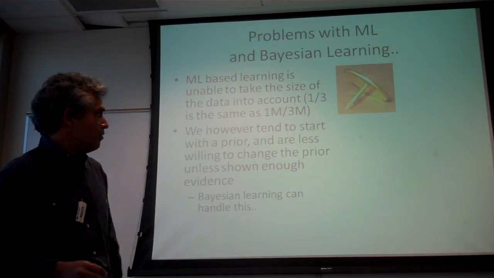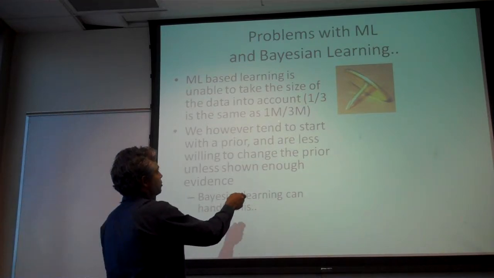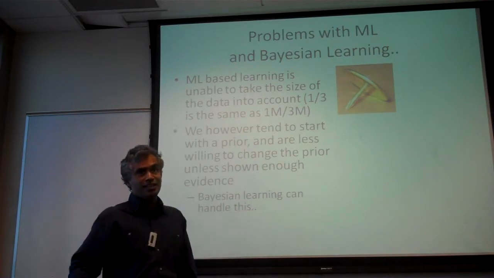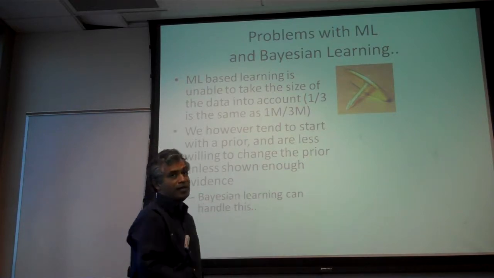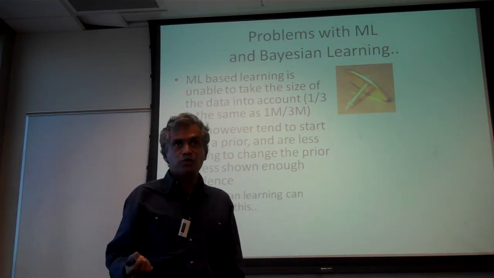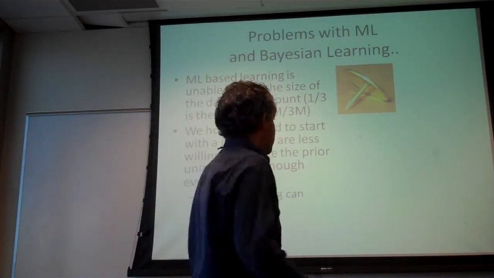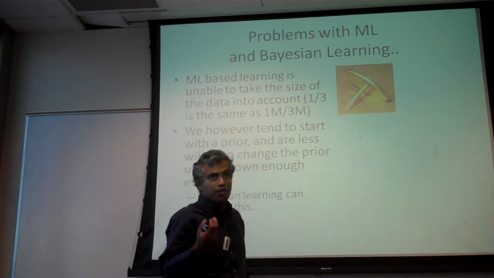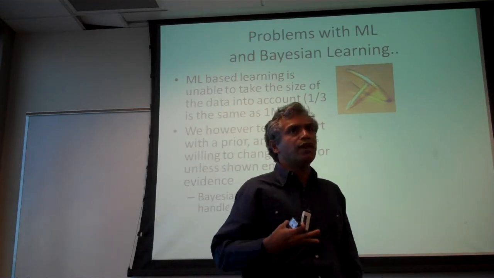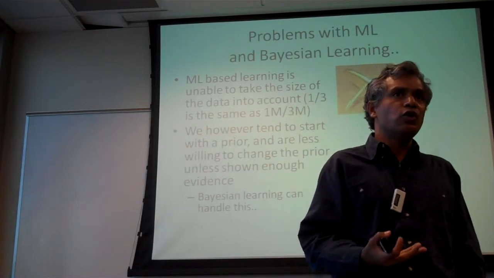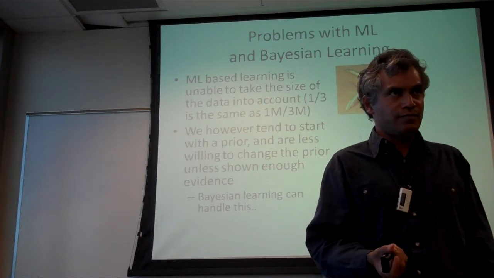Whereas you would like to think that the latter is much stronger evidence that the probability is 1/3, while the former is too small a data set, and maybe it's not 1/3 probability. If it's not 1/3 probability, what else can it be? If you don't go with the data, what else will you go with? That's where you go with the prior over the hypothesis.